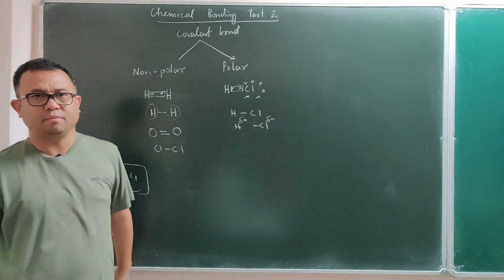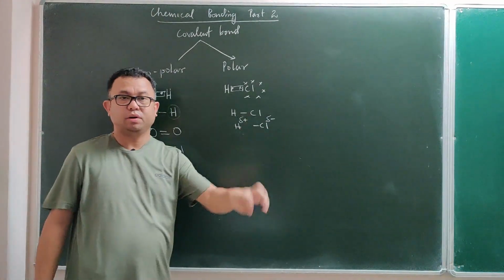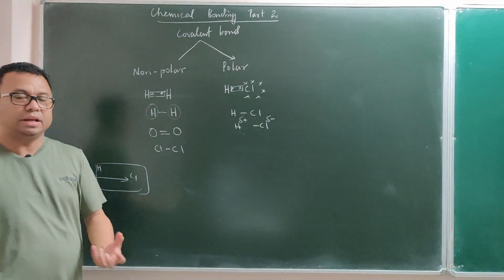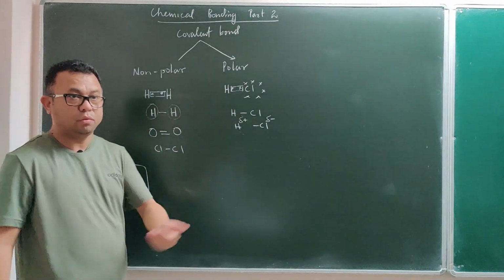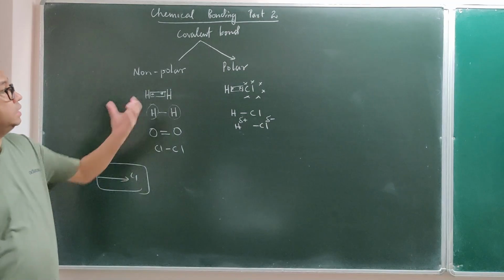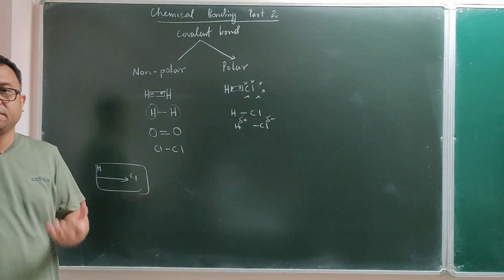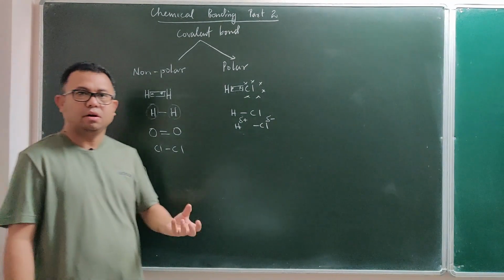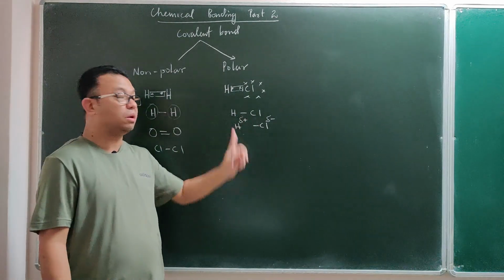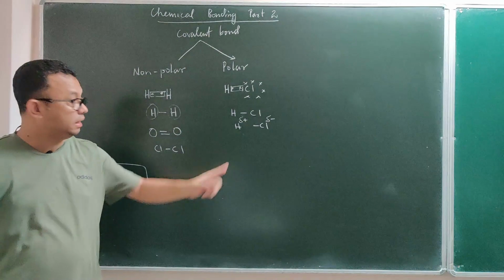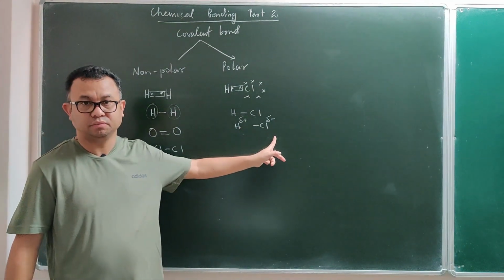Such compounds, whenever dissolved in water or made molten, will form ions. Later, when we discuss conductivity, we say covalent compounds are bad conductors of electricity in aqueous solution or molten state. But polar covalent compounds are an exception, because they start conducting electricity due to the development of charges.